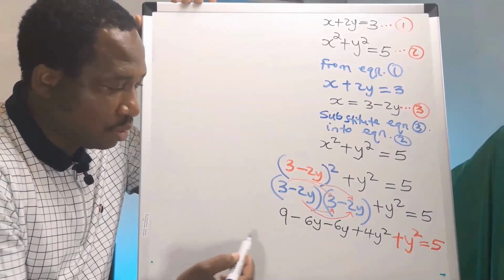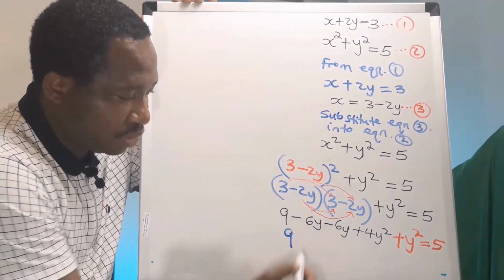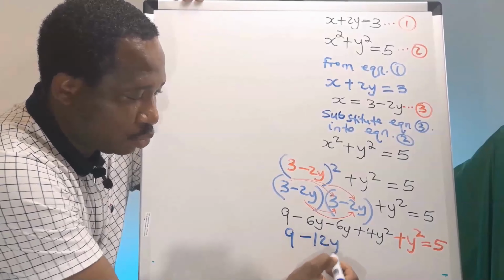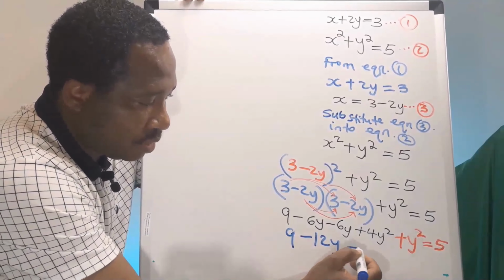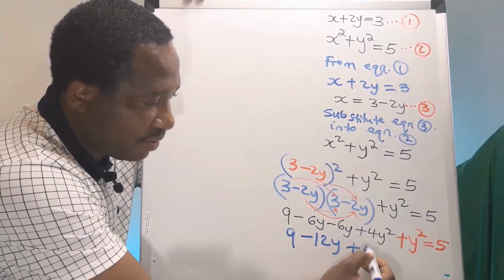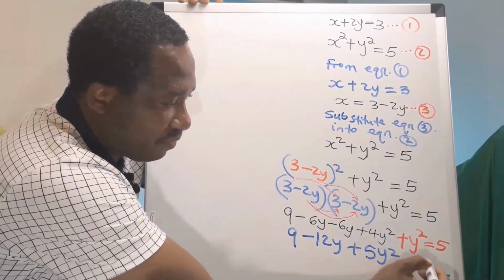Next, we are going to have 9, minus 6y minus 6y will give you minus 12y. 4y squared plus y squared will give you plus 5y squared. On the other side, we have 5.